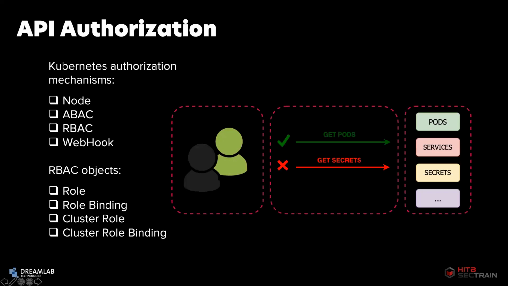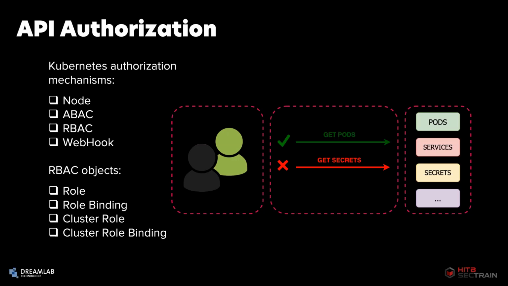So on one hand, we have users, groups, or service accounts. If you don't know what service accounts are, they are used for talking to the API server from within a pod. It's super interesting also from a security perspective, because usually when an attacker compromises a container running within a Kubernetes orchestrated environment, one of the first steps is to check the service account that is bound inside the container.